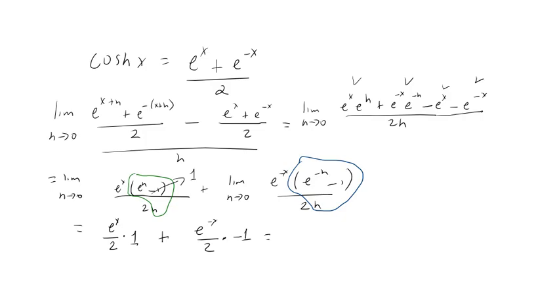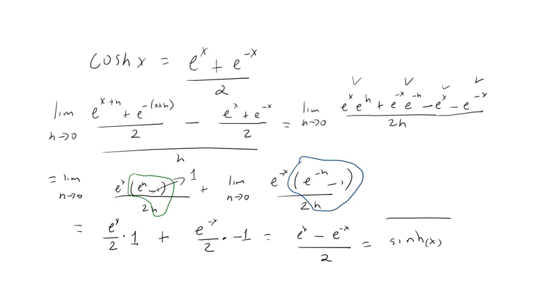Now let's combine things. So this will be equal to e to the x minus, because of the minus here, e to the minus x all over 2. And that is the same thing as the definition of sinh of x.